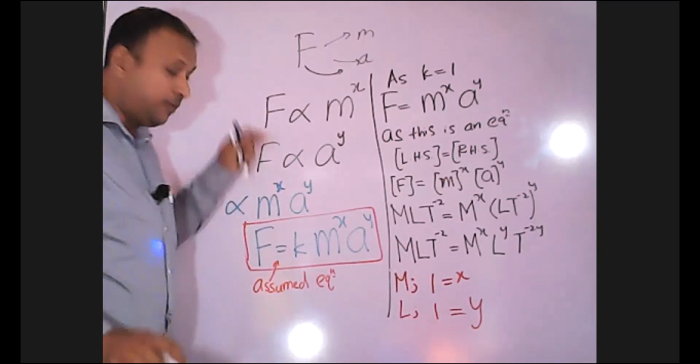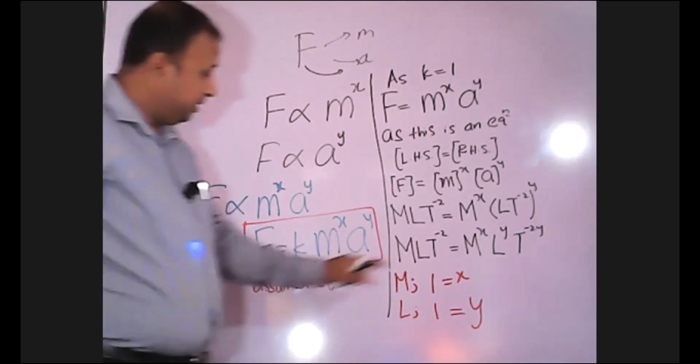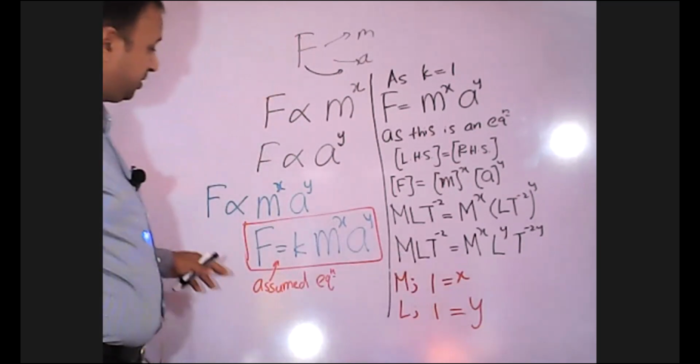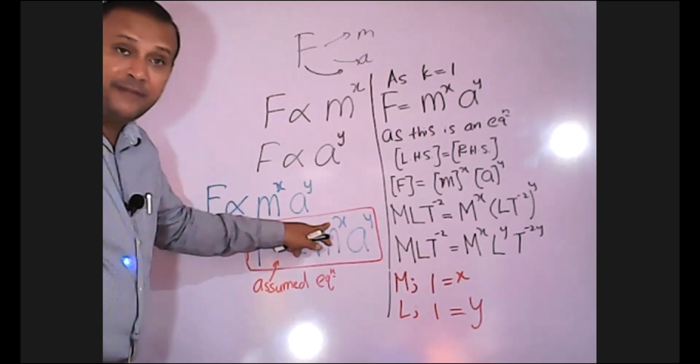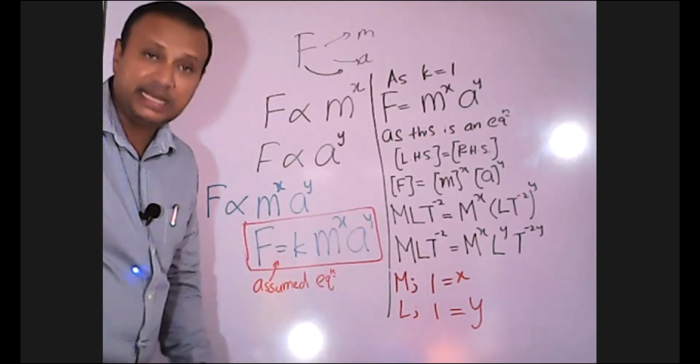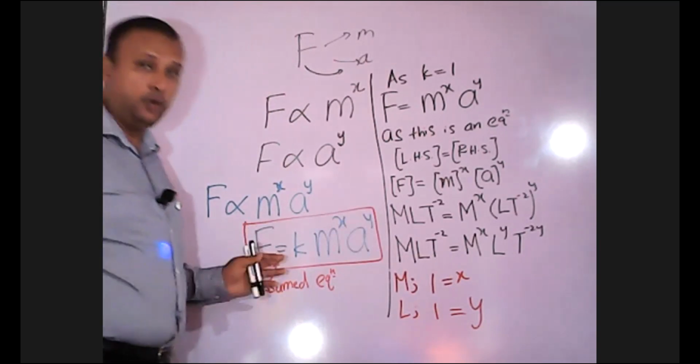So from that we have determined the actual equation by calculating the value of x and y, and we are given the value of k, so we don't want to calculate it.